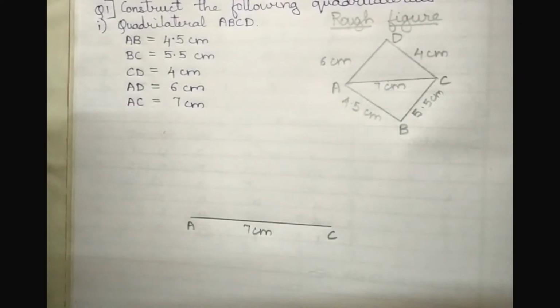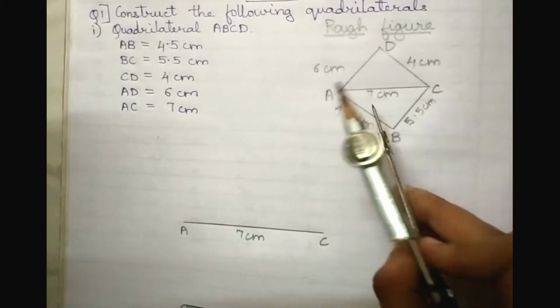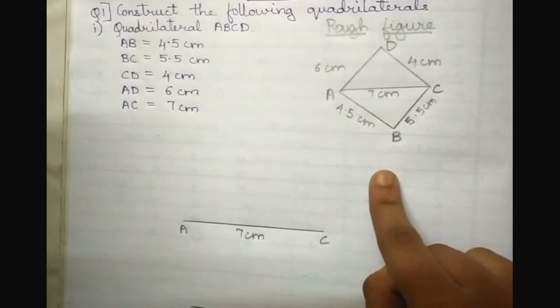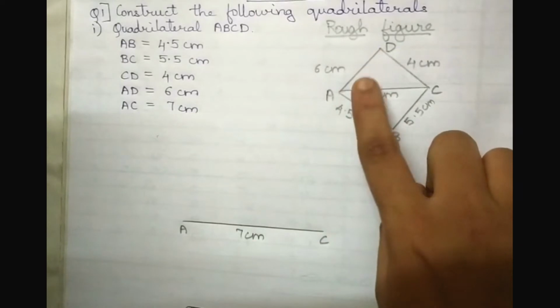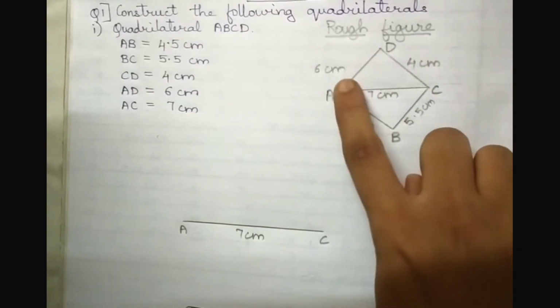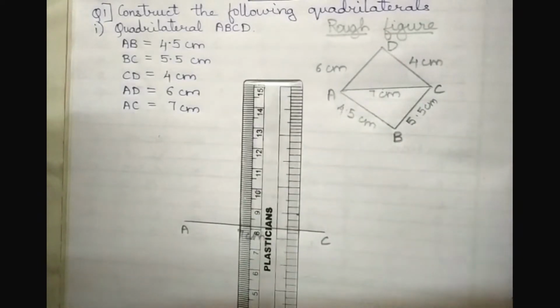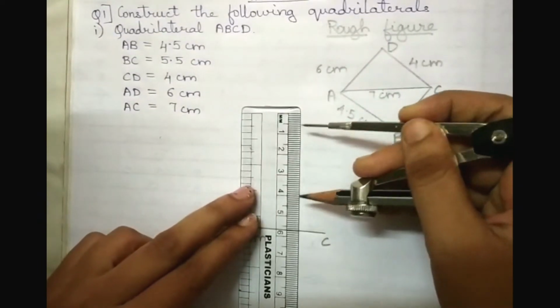Now let us start doing the other sides. So we have done the AC which is 7 centimeter. Now we will first mark the arc on this figure for AD. Here we know that the measure of AD is 6 centimeter. So using a compass, we will take the measure of 6 centimeter on this compass.